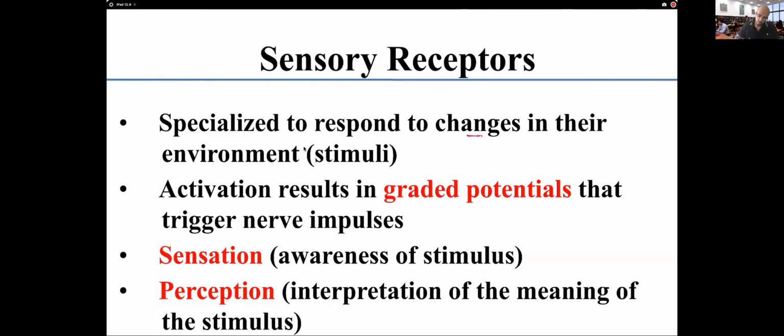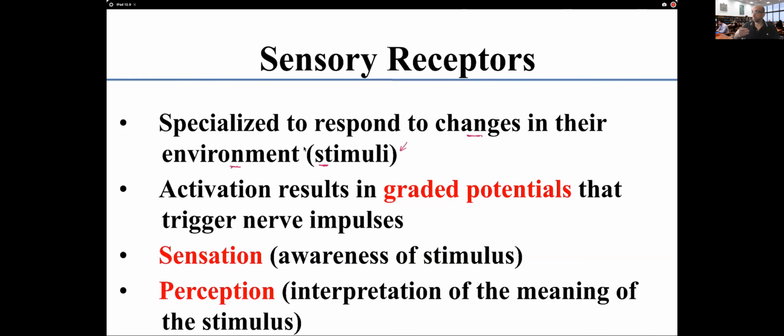So any change in the environment is what we call a stimulus. So my ability to detect the change that is taking place in the environment, either internal or external environment, this is what we call a stimulus. My ability to detect this is going to be carried by the sensory receptors.